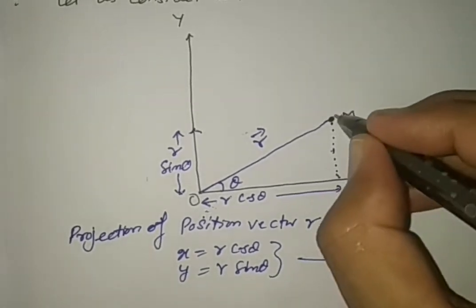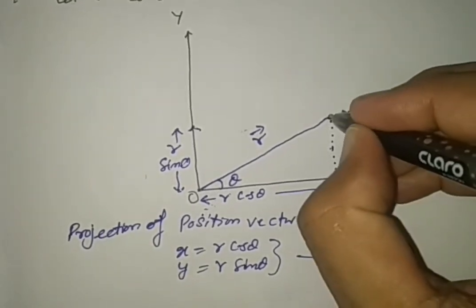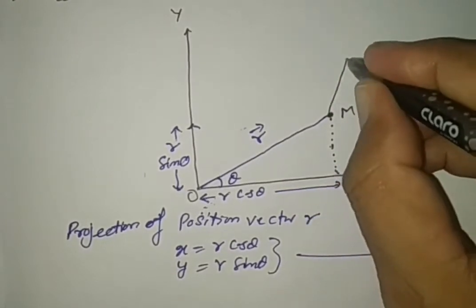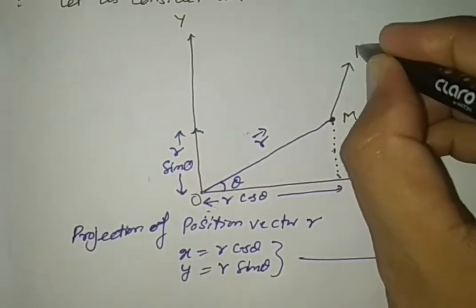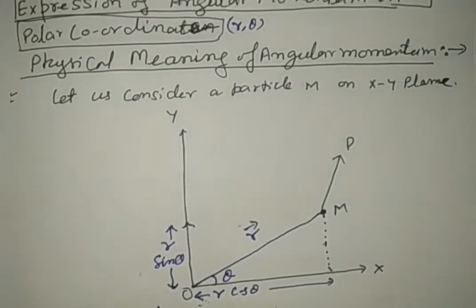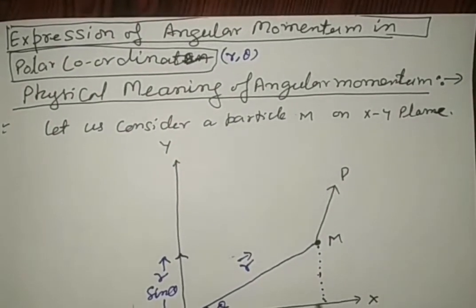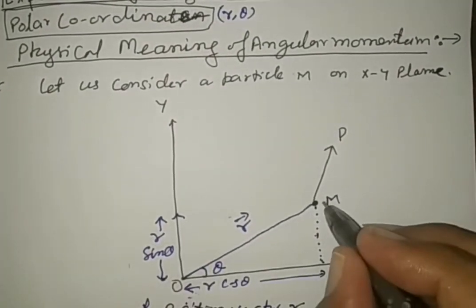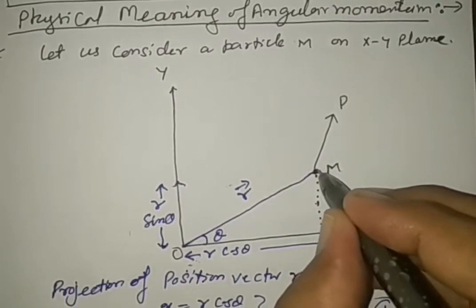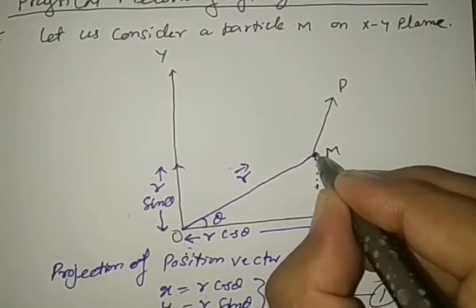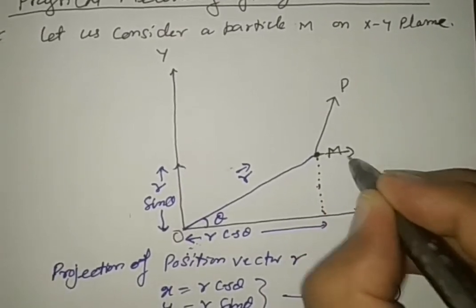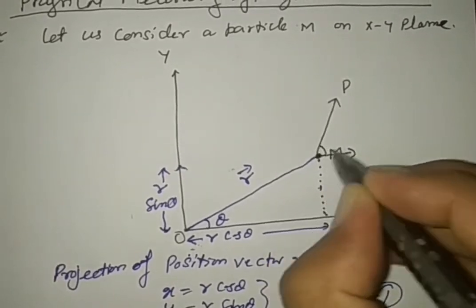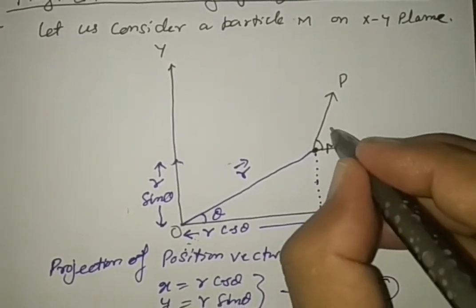Here, suppose we take a momentum p of this particle. Now see the components of the momentum. For the component of momentum along the x-axis, take this angle as alpha.